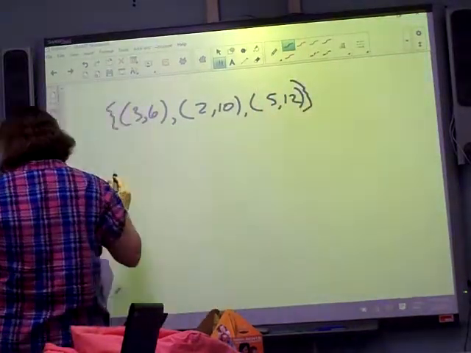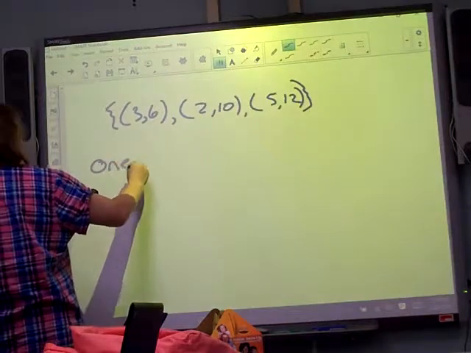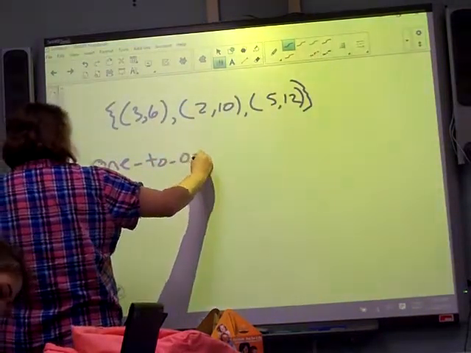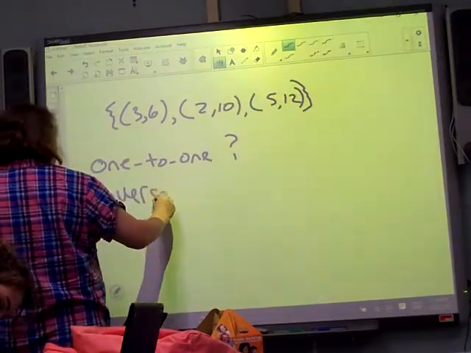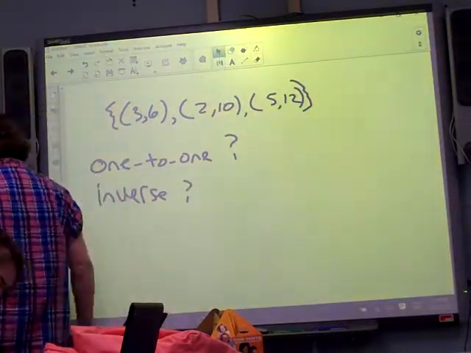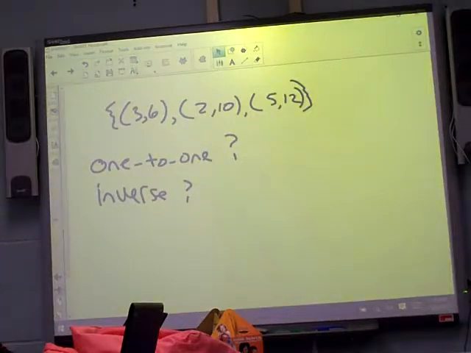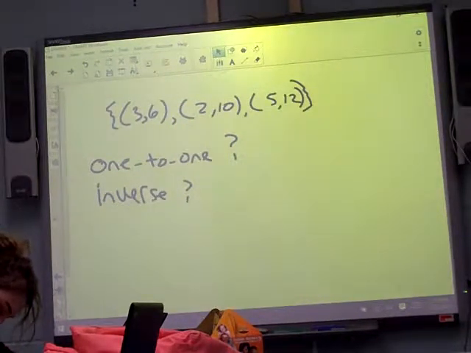All right, directions here say, is it one-to-one? If so, give the inverse. Okay, I'm hitting the question in your classroom now. Is that one-to-one, yes or no?